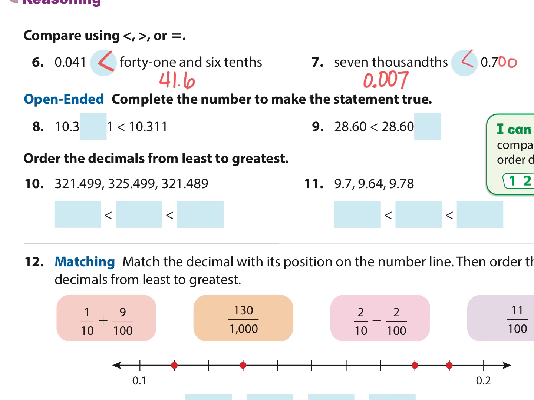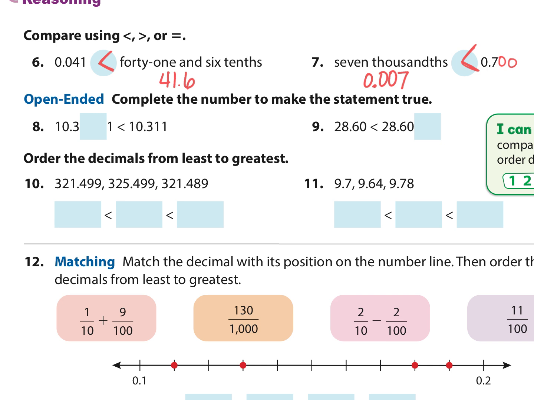The right side's actually more. 700 thousandths is actually a whole lot more than just 7 teeny tiny thousandths. Okay, this is where plugging in 0 the hero is super, super helpful.